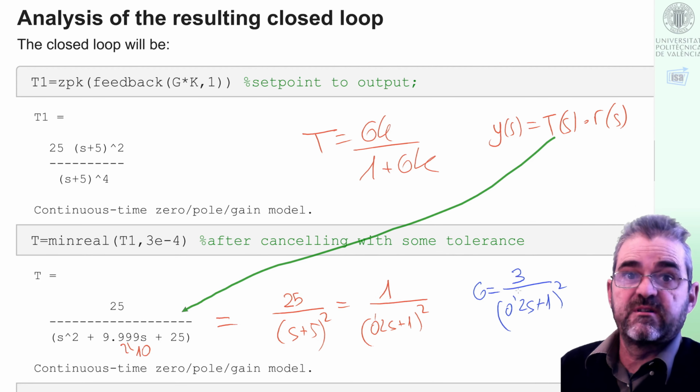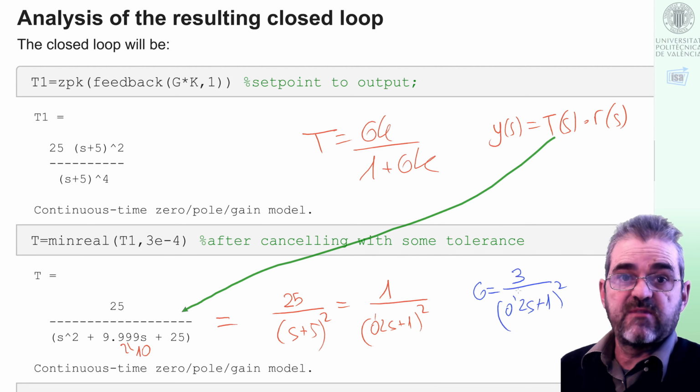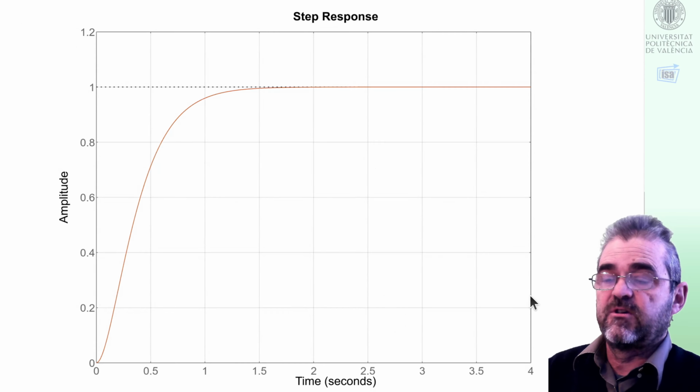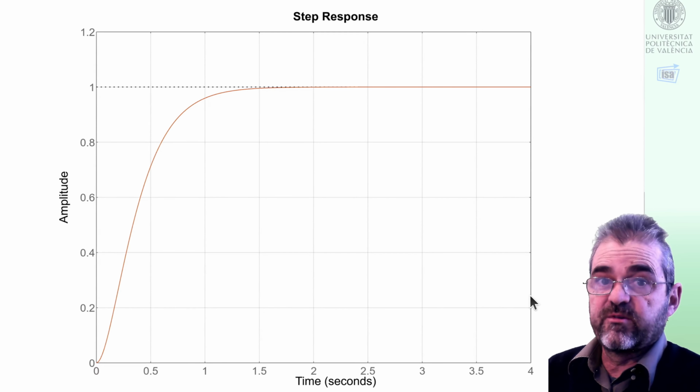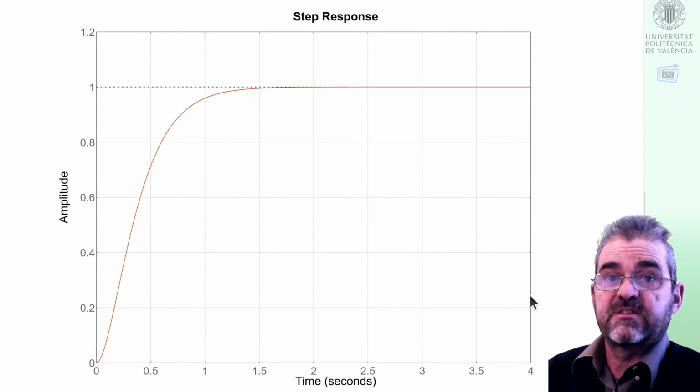So this is what we wished. A setpoint response with the same dynamics as the plant, but unit gain. So if we plot the closed loop response and the open loop control divided by 3, we get the same, and it's the 1.2 settling time we were happy with from the start.